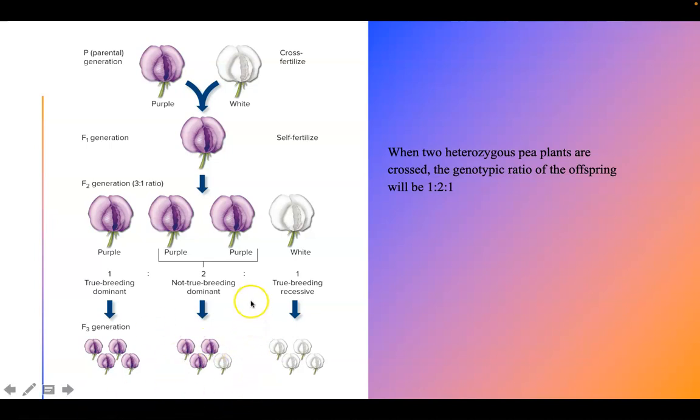Then 2 of the 4 could possibly be purple, but are most likely going to be purple, but could also express that recessive gene and end up being white. And then 1/4 will always come out white because they got the 2 recessive white genes that are expressed. There's no purple gene present to code for that purple color.